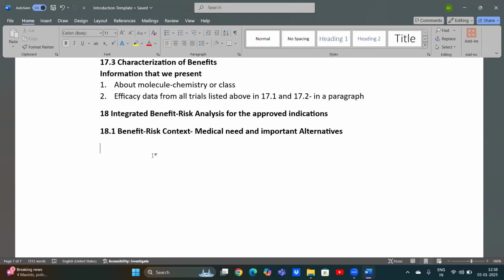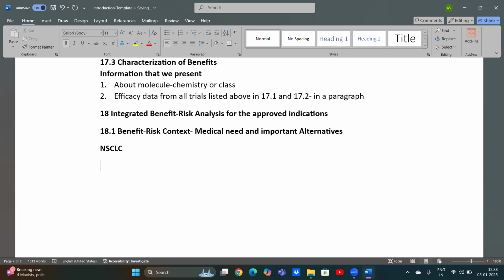So first of all, suppose your indication is NSCLC. So you will search the open literature, or if you are an innovator, then you can find the information in the CSR also. But let's assume that you don't have a CSR and you are searching from open literature.